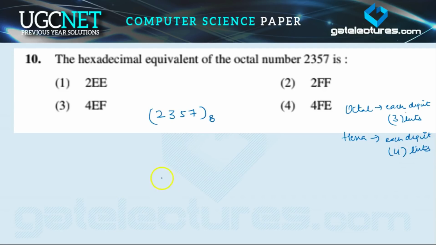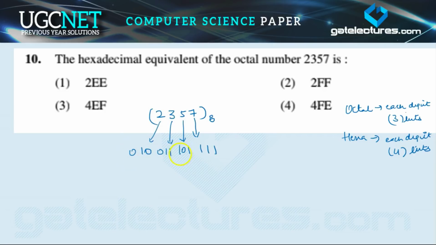Okay, now see, so write it down from here. So 7, how are you going to represent 7 with the help of 3 bits? Like this. Now 5, how are you going to represent 5 with 3 bits? So this is 4 plus 1, 5, 3 is 0, 1, 1, and 2 is 0, 1, 0.